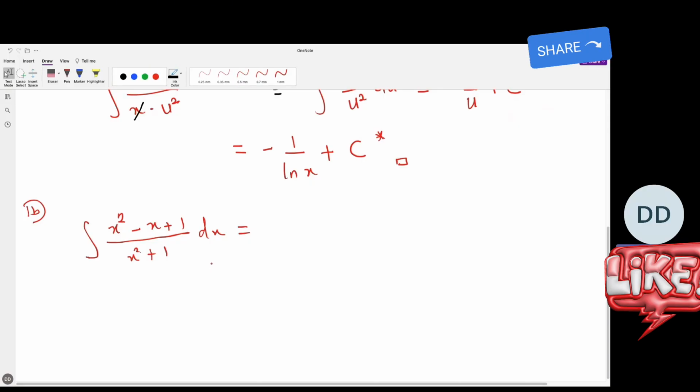I believe you've heard about partial fractions before. Yes. We'll also learn that obviously in this class, partial fractions.